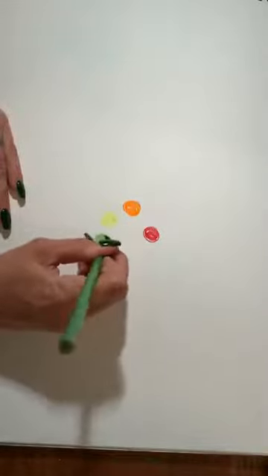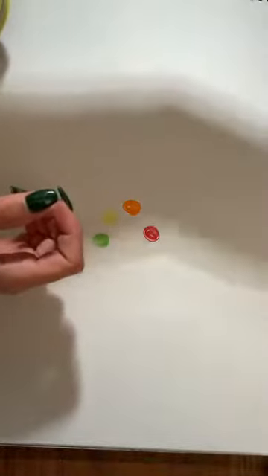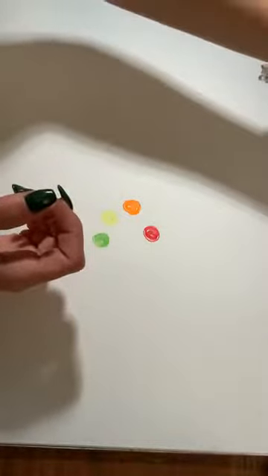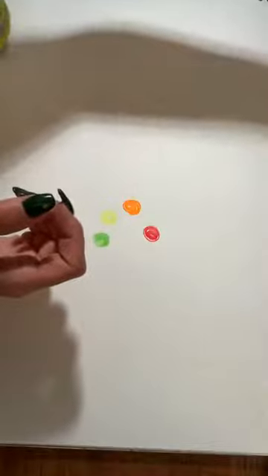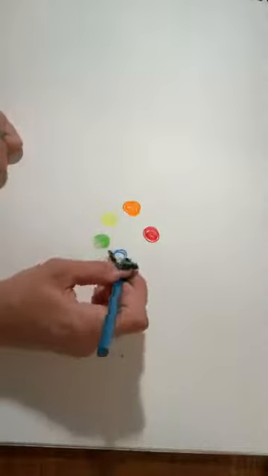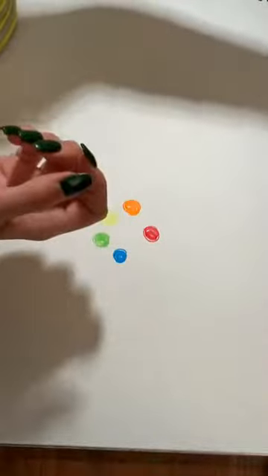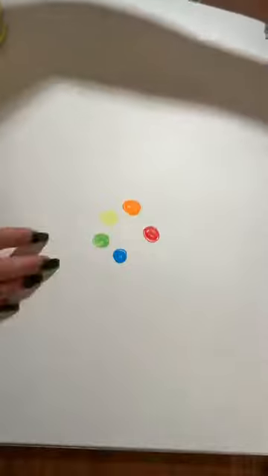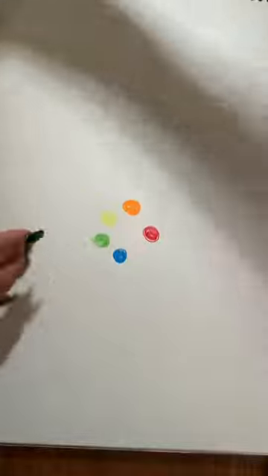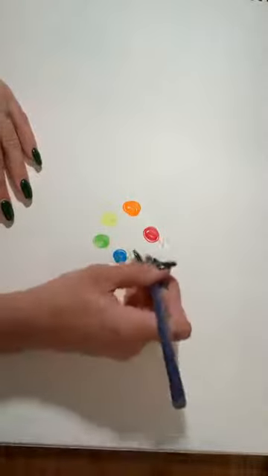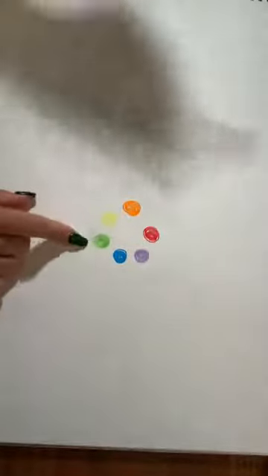Green, maybe find a more middle blue. This is kind of a teal. There we go. Blue and purple. If I could find a purple. All right, so this is our color wheel.